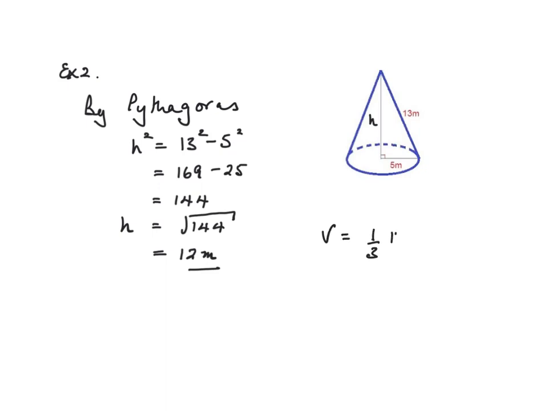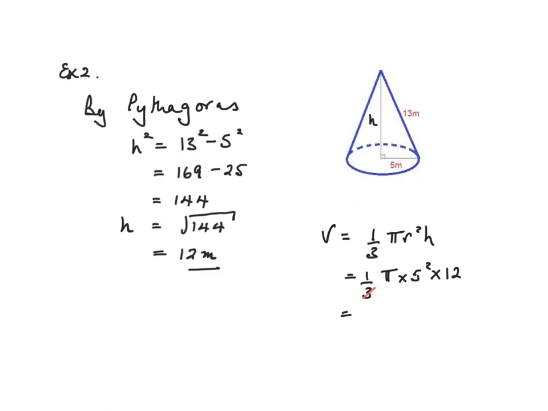1/3 pi r squared h, pi times 5 squared times 12. Now I simplified the first example, I'm going to do that here as well.